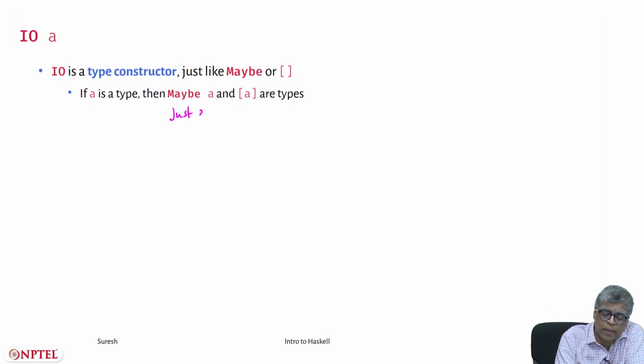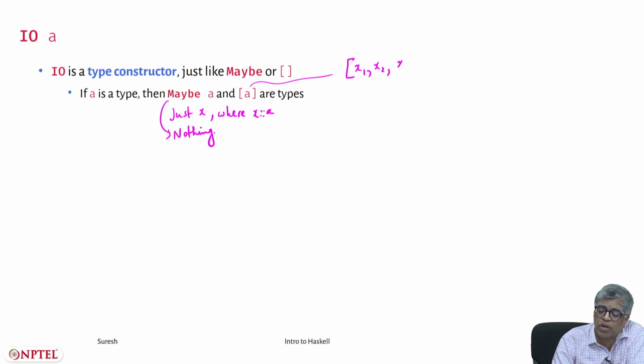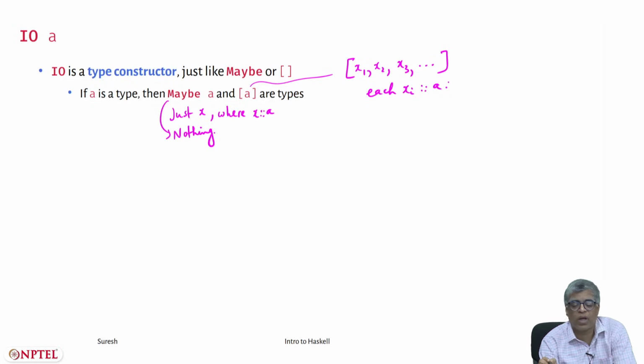Just x, where x is of type A, and another value would be Nothing. What are the values of type List A? Anything: x1, x2, x3, each xi is of type A.